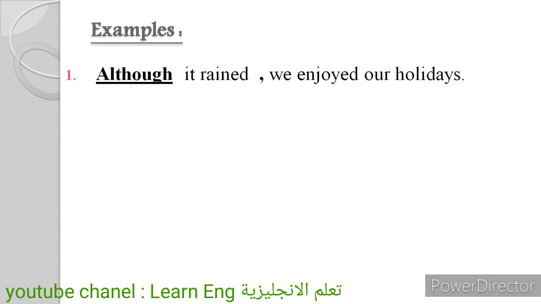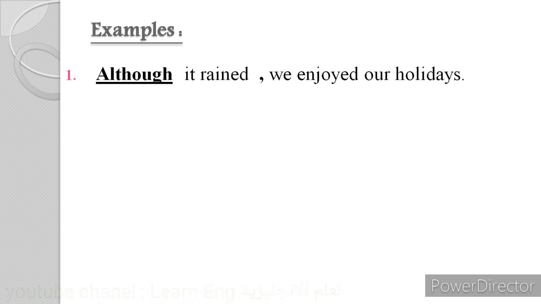The first part of the sentence we call it a clause, and the second part is a clause. We are dividing between the clauses using a comma. We use a comma to separate the two clauses, but it is one sentence with a complete meaning. Although it rained, we enjoy our holidays.